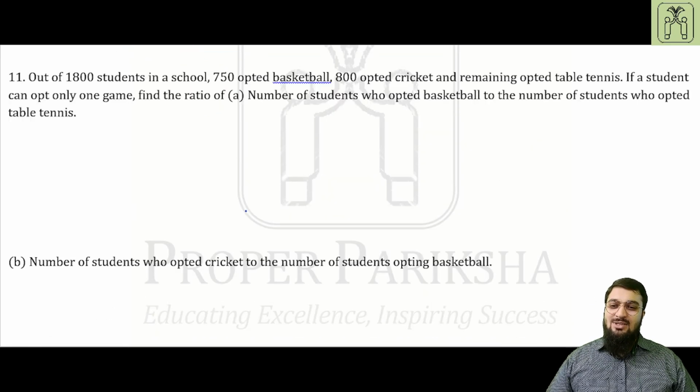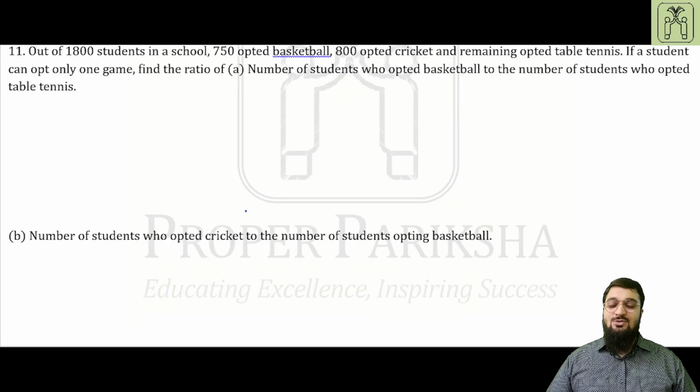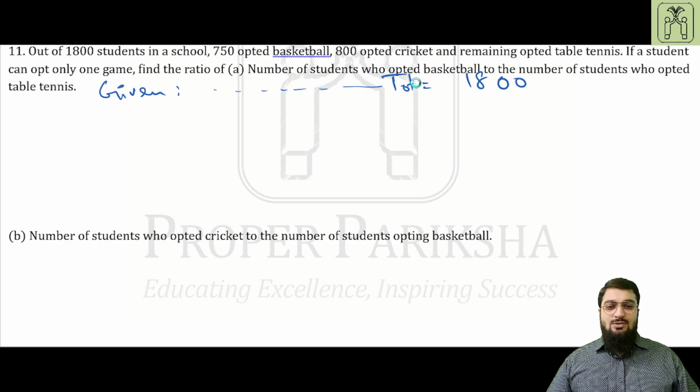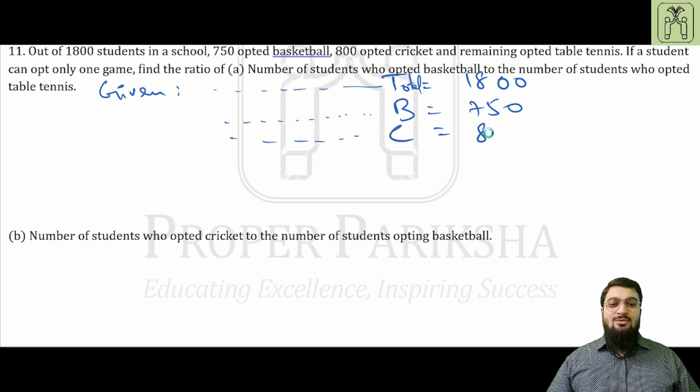Question number 11. Out of 1800 students in a school, you will write by statement: total number of students in a school is equal to 1800. After that, total number of students opted for basketball, B is equal to 750. Then total number of students opted for cricket is 800.